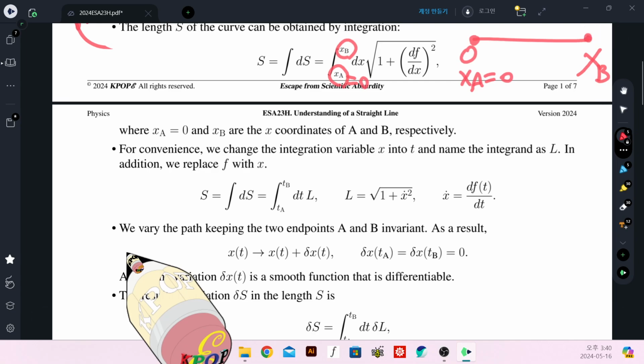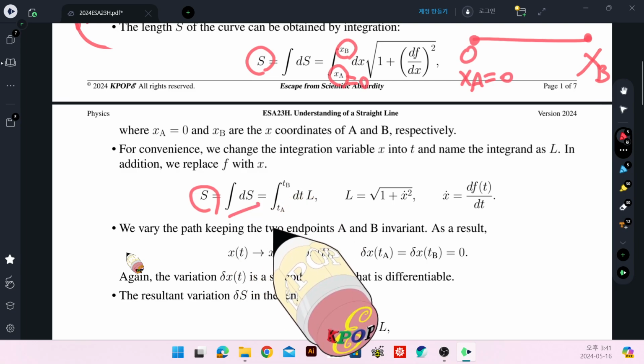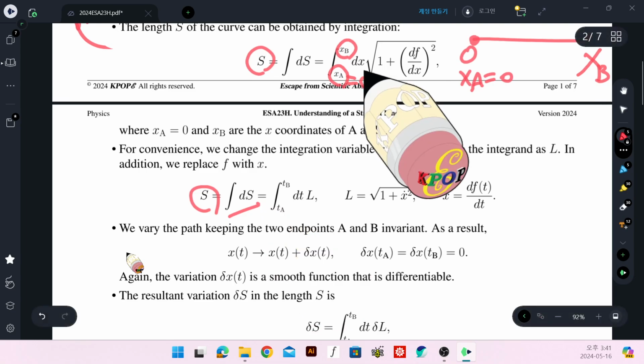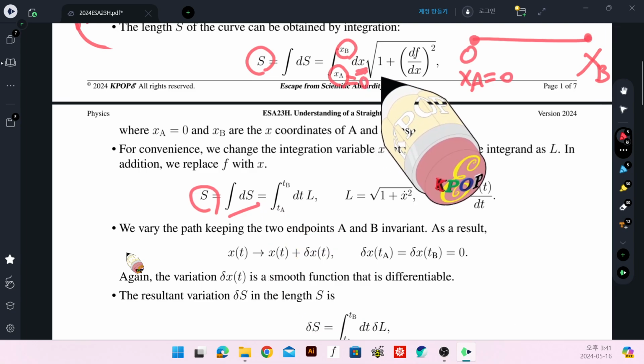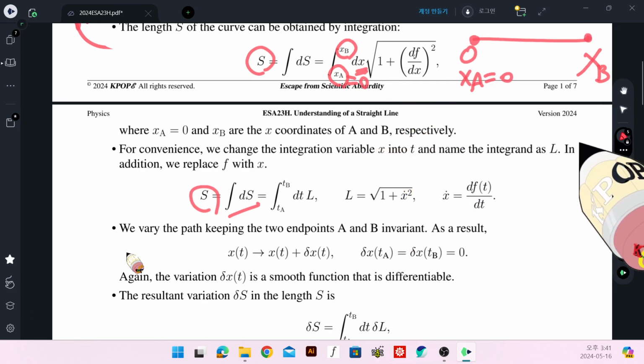Why don't we define this as the integral of a differential? Why don't we rewrite this one? This x coordinate is to be replaced with t. Right now, we forget about the time.